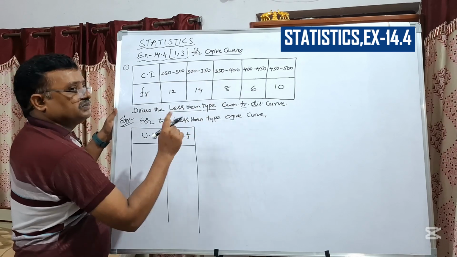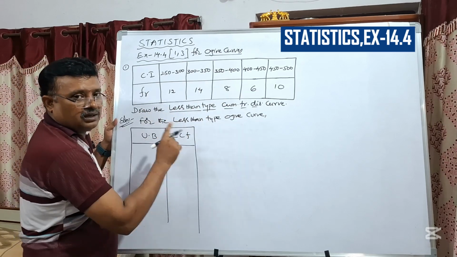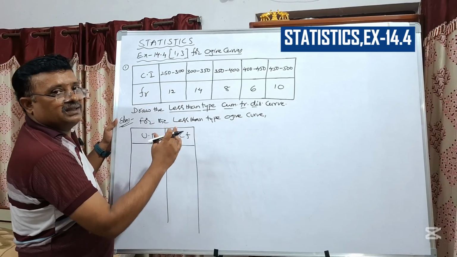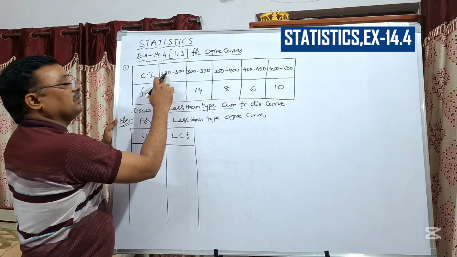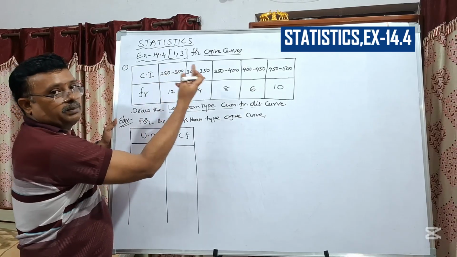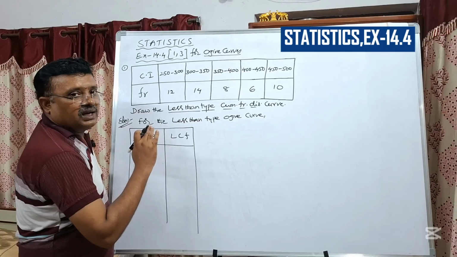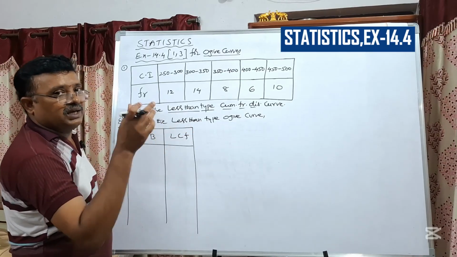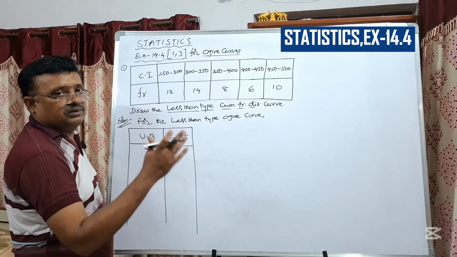From the table, check whether it is continuous or not. If the class intervals are continuous, then the class interval lower limit is called the lower boundary, and the upper limit is called the upper boundary. If the class intervals are not continuous, we cannot call them directly boundaries.